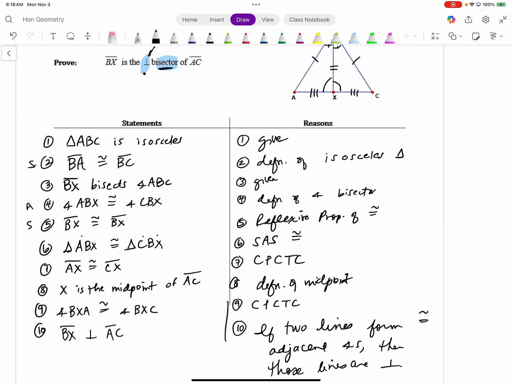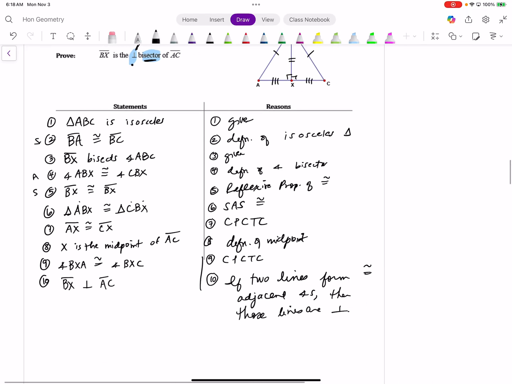So now I can come back and take the congruent part out and put in the perpendicular part.